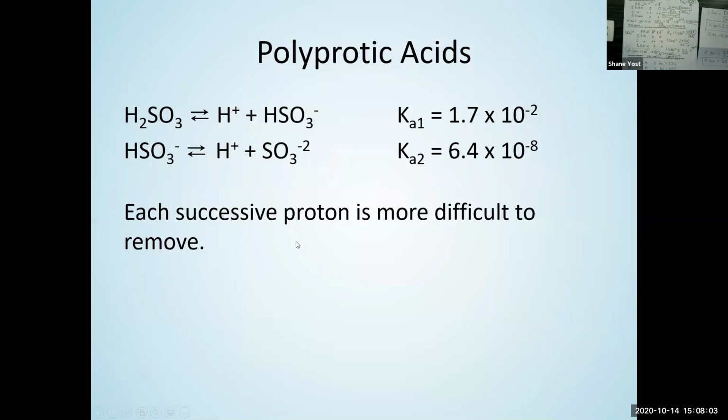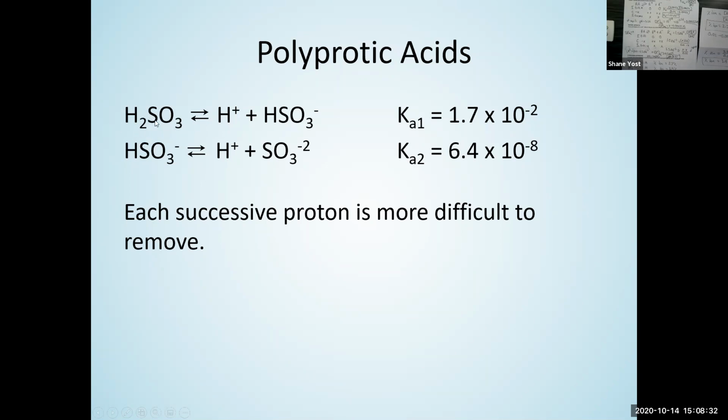Okay, so the only other type of acid we have not talked about in great detail, though we've shown some examples, is polyprotic acids. So what is a polyprotic acid? It is an acid that has multiple protons that it can donate to solution. For example, H2SO3 is a polyprotic acid.